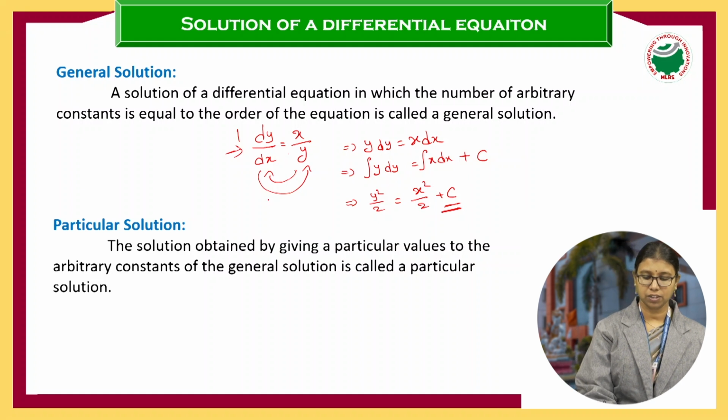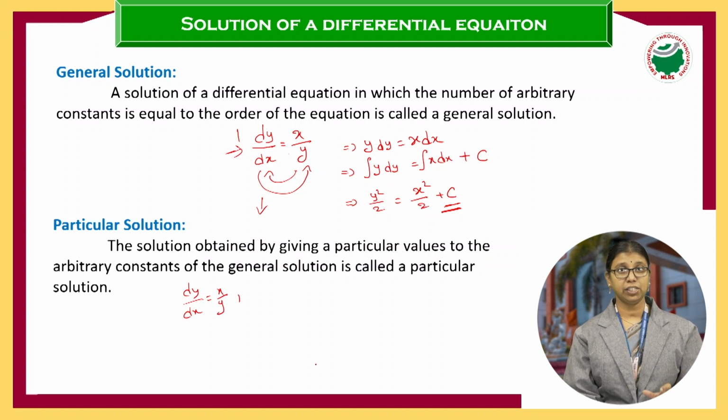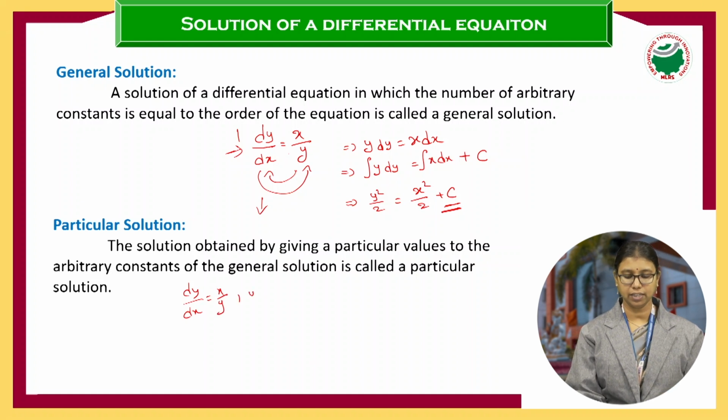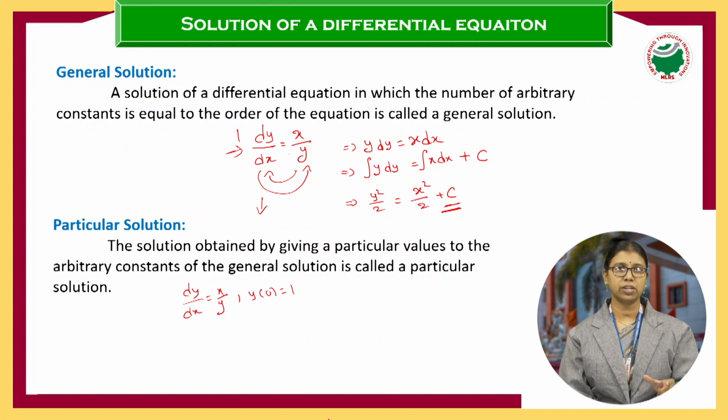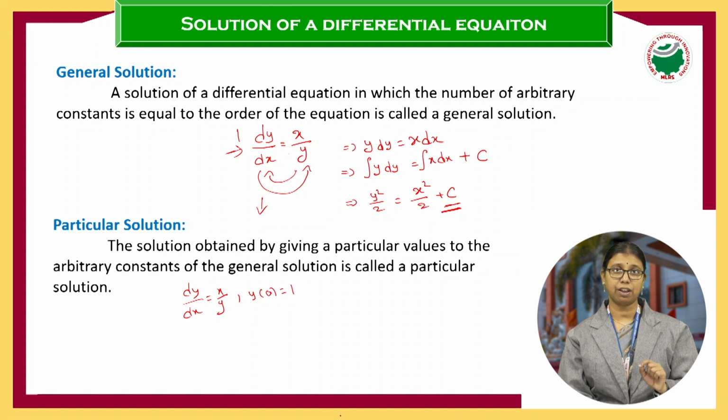Particular solution means, suppose for the same equation dy by dx equal to x by y, they mention some initial or boundary conditions like y of 0 equal to 1. Whenever they have given some particular conditions, there you have to evaluate this arbitrary constant also.